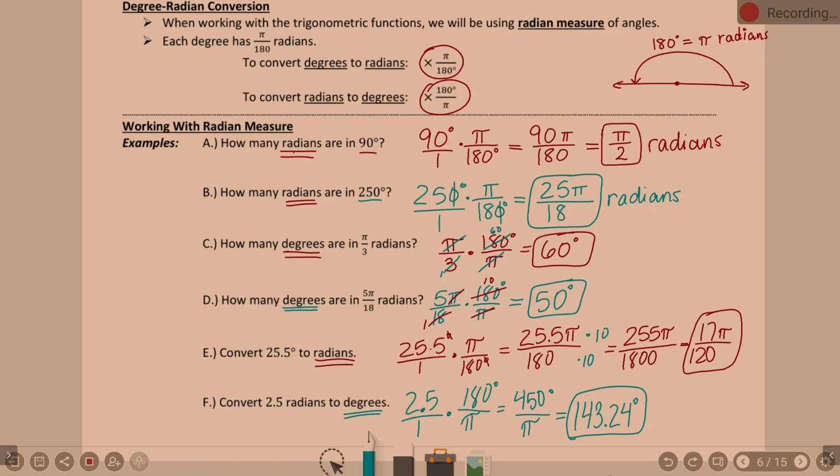Yes? Will we have the conversion factors on the test? That will be up to you. I will make more sense of that later on in the chapter. But I do not provide a formula page in this chapter. You essentially get to make your own.